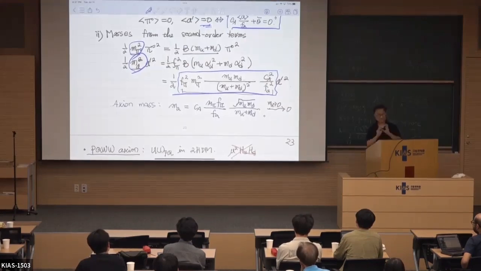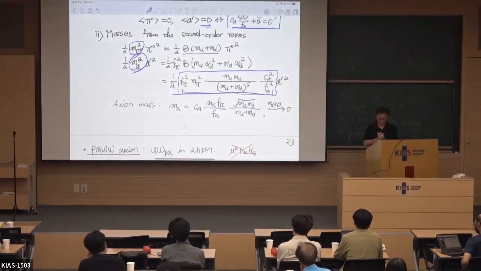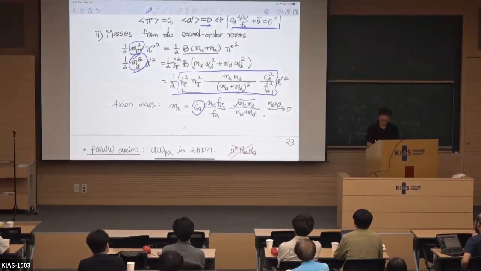So f_A is the so-called Peccei-Quinn symmetry breaking scale, or axion decay constant, which is model dependent. I mean, it depends on how you realize Peccei-Quinn symmetry in your new physics Lagrangian. And then C_A also depends on the model, but the rest we know.